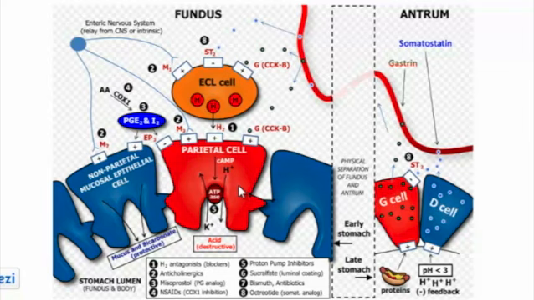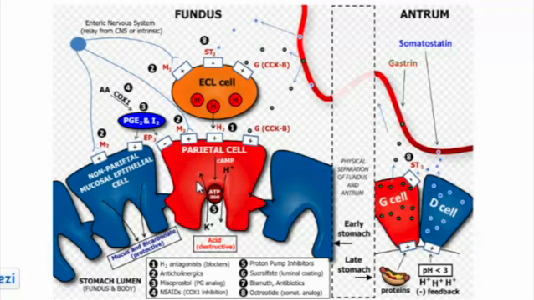Parietal cells achieve this by way of the hydrogen ion potassium ion ATPase pump that catalyzes the exchange of moving H+ ions out of the cell in exchange for moving potassium ions, which are present in the extracellular space, into the cell.